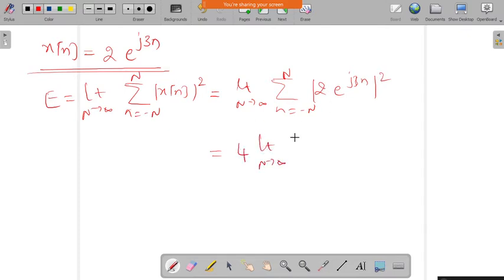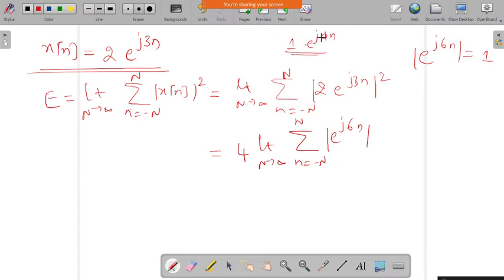Limit N tends to infinity, summation n equal to minus N to plus N, e power j 3n whole square. Now we can write this directly as e power j 6n. For this exponential signal, the magnitude is nothing but 1. The magnitude is always 1 into e power something like j phi n, so the magnitude of this exponential signal will always be 1.